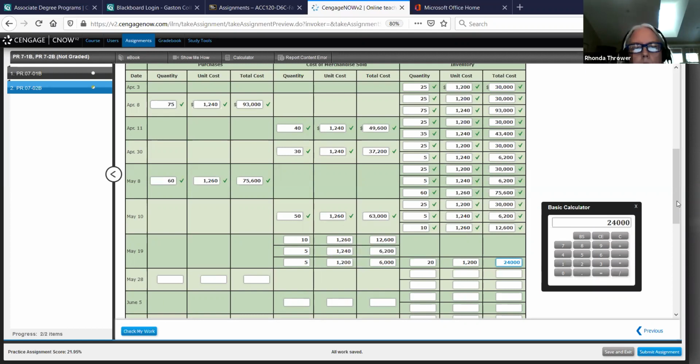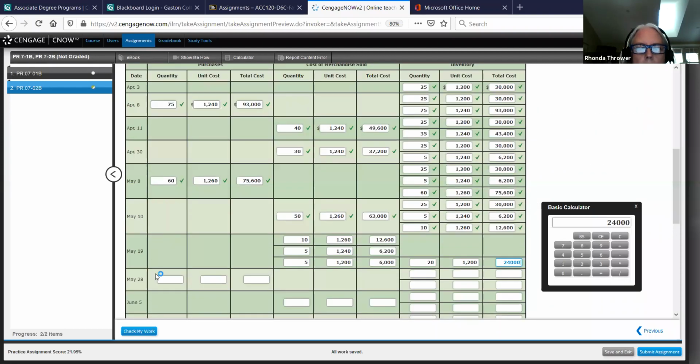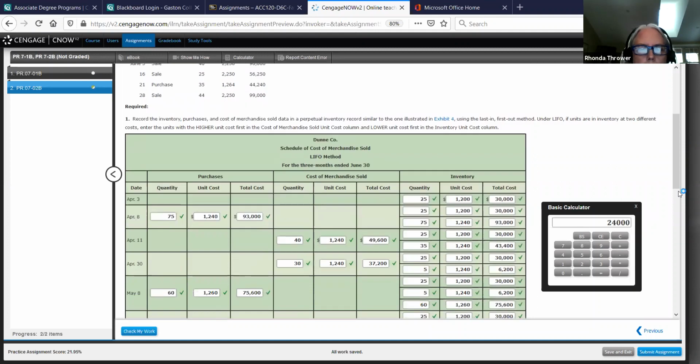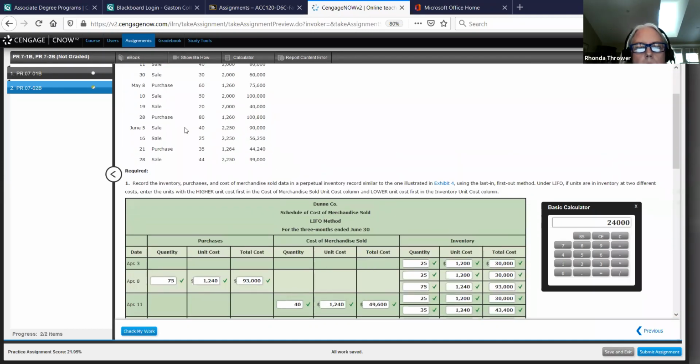And we're going to move on to May the 28th, and we had another purchase. So we got to put it in the purchases column here. And we purchased on May the 28th, 80 units at $1,260. And 80 times 1260, they gave you that amount, was 100,800.